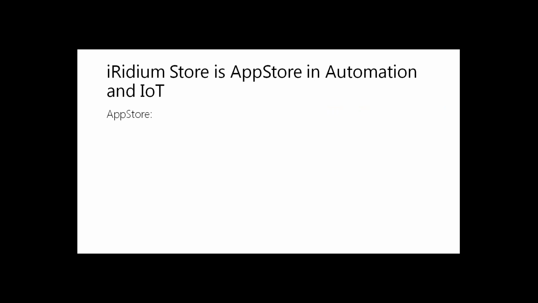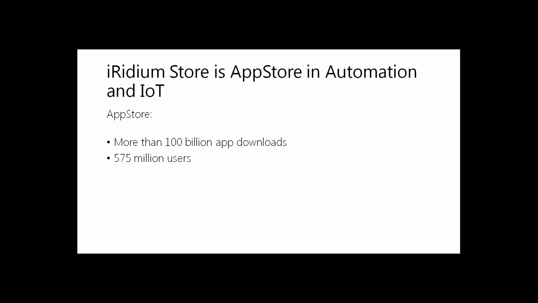Let me compare the iRidium store with the App Store and share information about the current App Store state. At the moment, they have 100 billion apps downloaded from the App Store, and their current database is about 575 million users, which is really not bad.